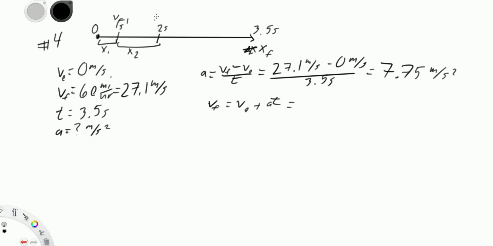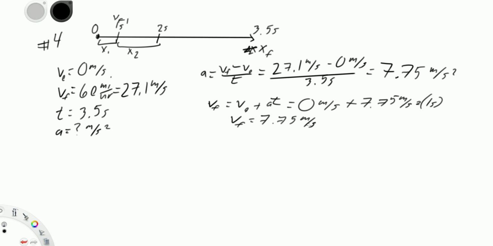Our initial velocity from 0 to 1 second is 0 meters per second, plus our acceleration, 7.75 meters per second squared times our 1 second interval. So we find that Vf after 1 second is 7.75 meters per second.